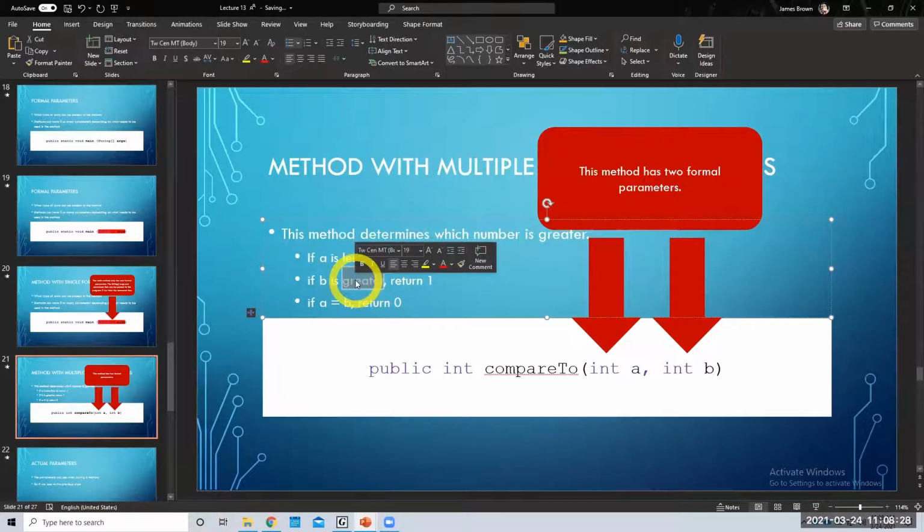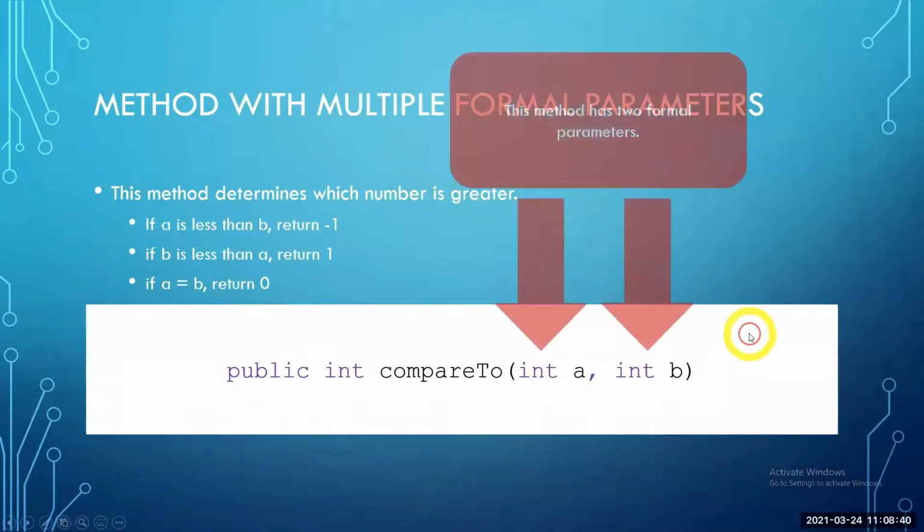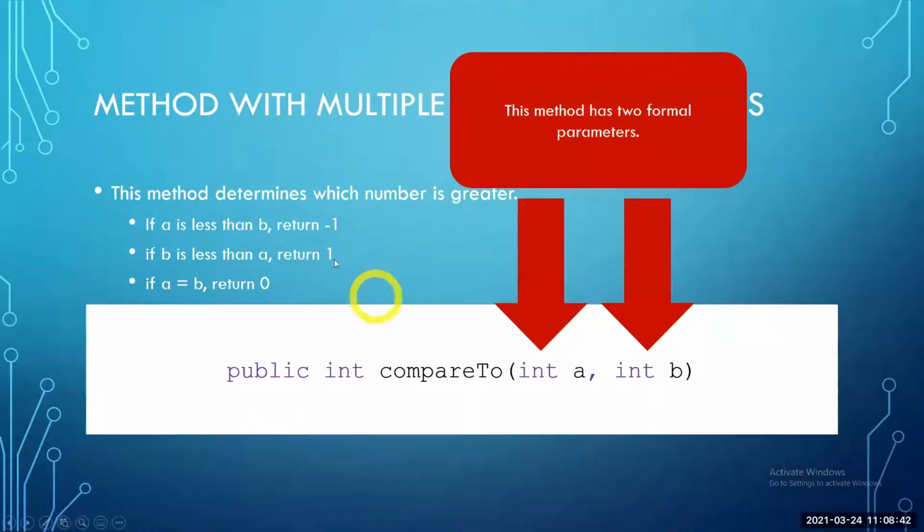If B is less than A, return a 1. I just changed that up because when you're sorting things, you want the first number to go first if it's less than. So if A is less than B, return -1. If B is less than A, return a 1. And then if they equal each other, return a 0.